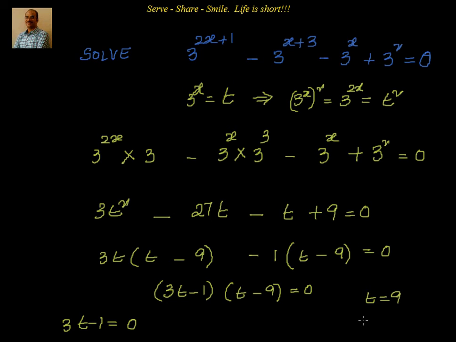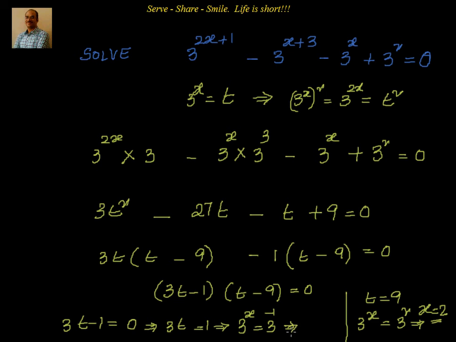But what is t? t is 3 power x. And how can I write 9 in terms of 3? Can I say 3 square? Therefore, one value of x is x equal to 2. Similarly, 3t equal to 1, that means t equal to 1 by 3. Or can I say 3 power x, t is 3 power x, 1 by 3 is 3 power minus 1.